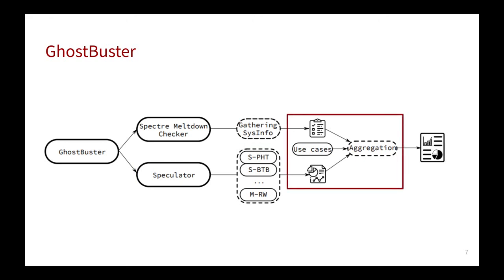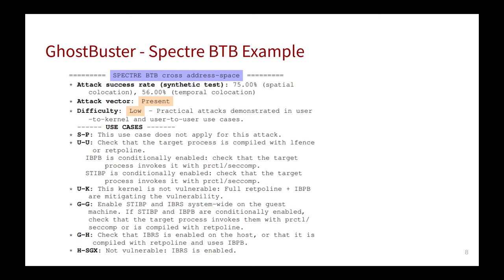GhostBuster has a final stage where we aggregate all these results and map them to the use cases we identified that were not considered in previous work. Here is an example of the output of GhostBuster for Spectre BTB. To be noticed here is that we provide information about which settings we are running the attack in.